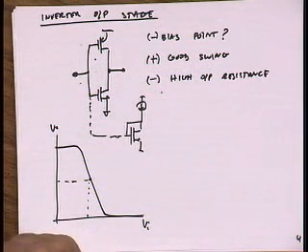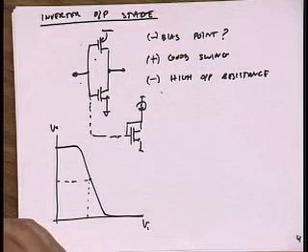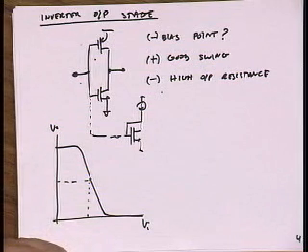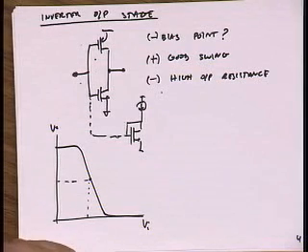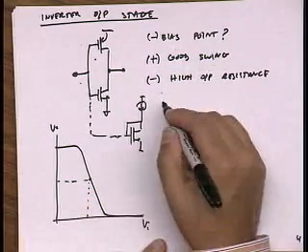What are some other issues with this as an output stage? Short circuit current. Yeah, this again goes back to the bias point issue.